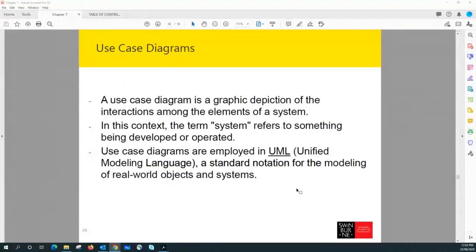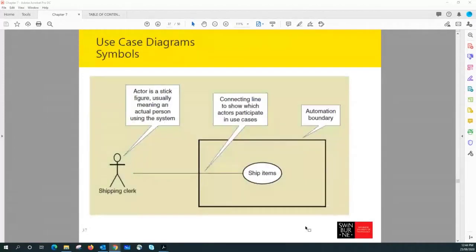In the use case diagram, basically we are showing the automation boundary of your system. It is again the Unified Modeling Language, so we are using UML notations again. You can use diagrams.net, and I will show you how to use it. The basic notation: this box is your subsystem, and inside this subsystem you have use cases.